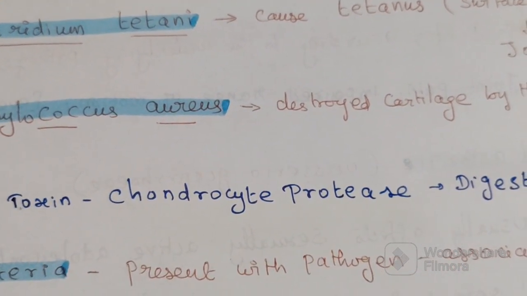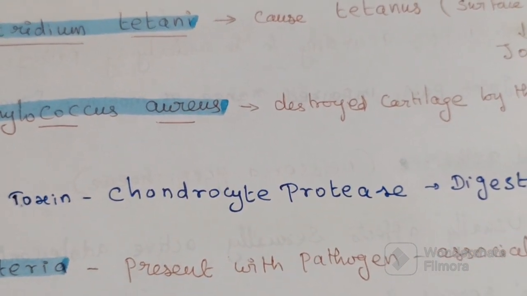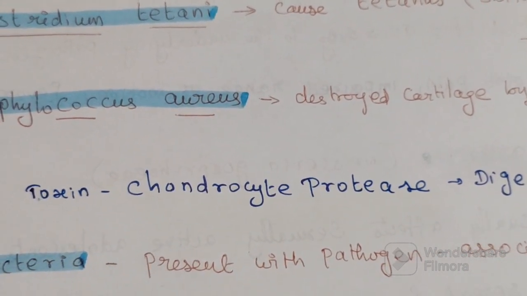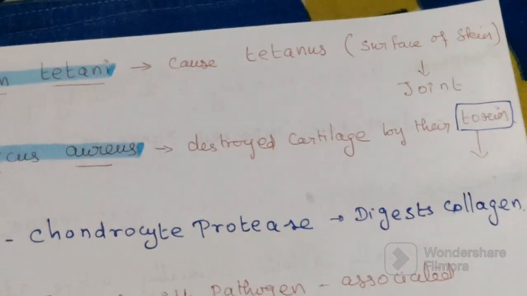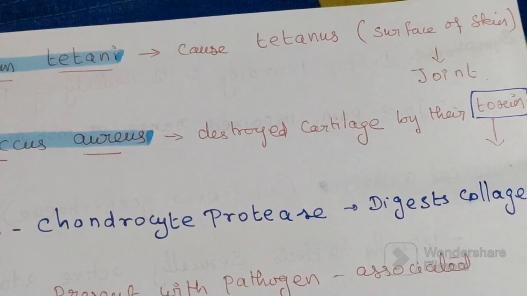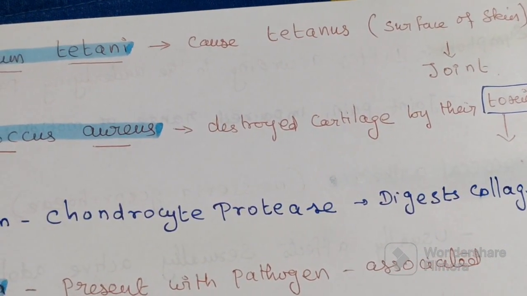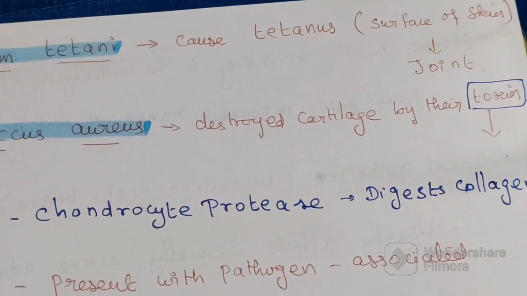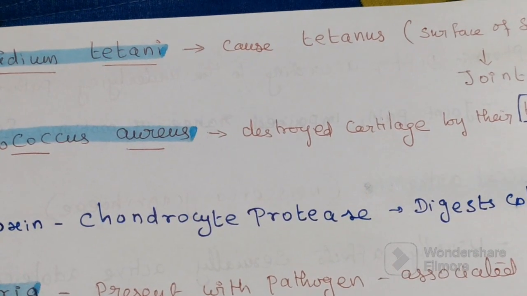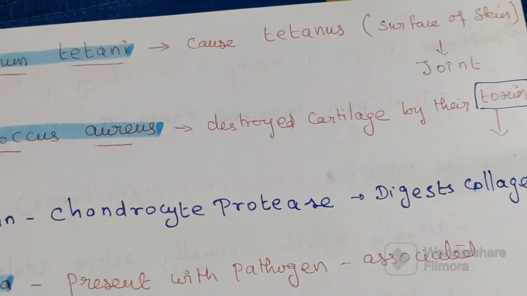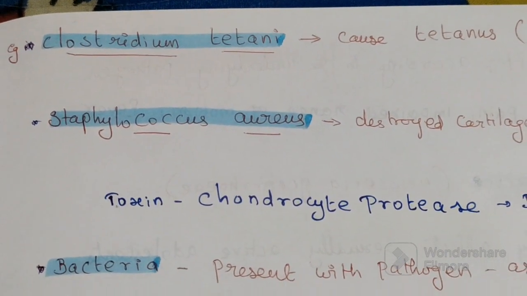It would be bacteria that live on the skin surface and get pushed deep into the joint at the moment the skin is pierced. When our skin is broken, through the surface of the skin, Clostridium tetani will enter.